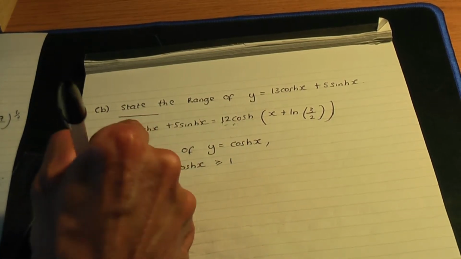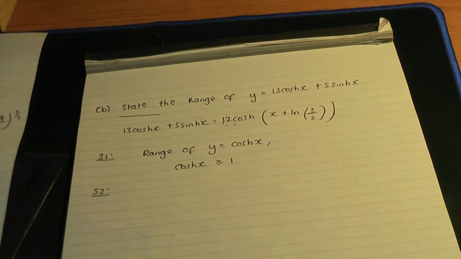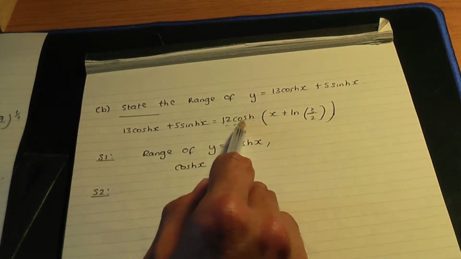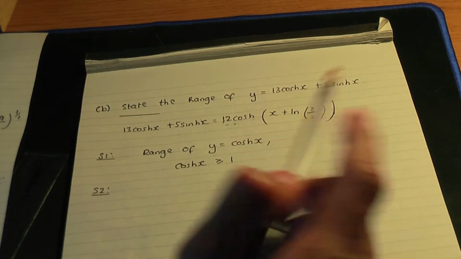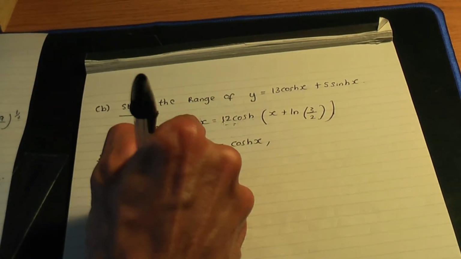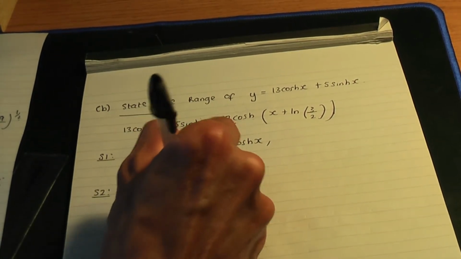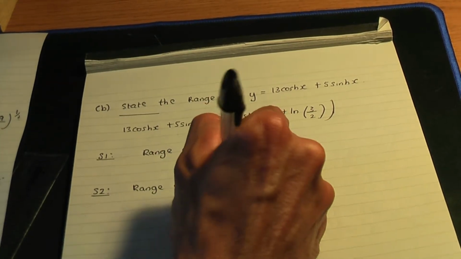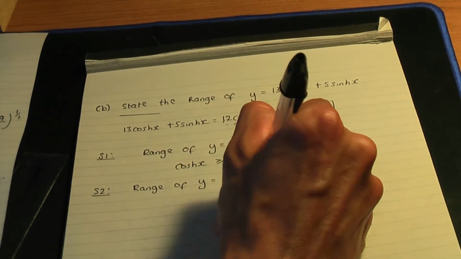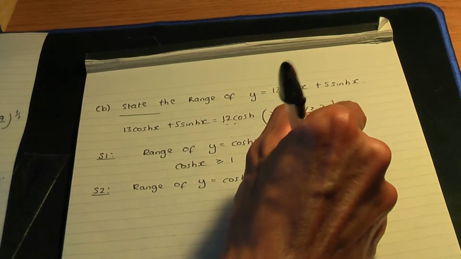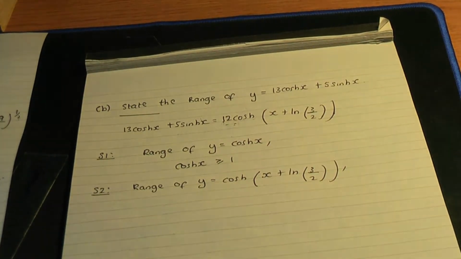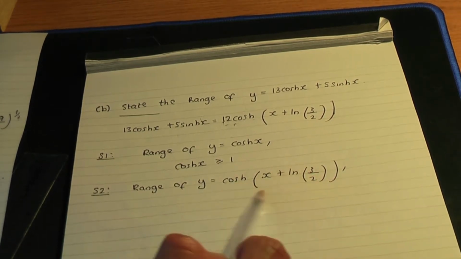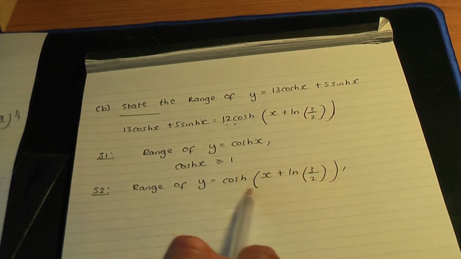In step number 2, continue to the next step. Now write down the range of hyperbolic cos x plus ln 3 over 2. So in step number 2, write down the range of y is equal to hyperbolic cos x plus ln 3 over 2. So this is just a horizontal translation.